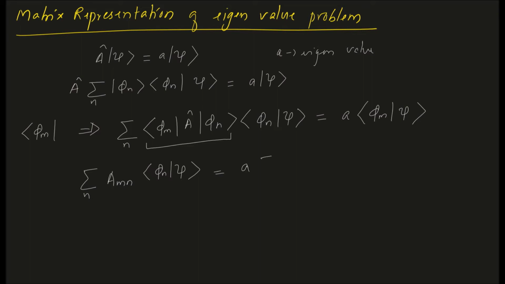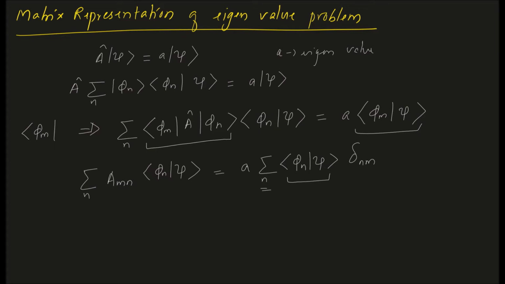So this can be written as summation over n, bra phi n psi, delta mn. Now this is the same as this expression, right? Because of this delta function, out of many of these kinds of terms, you will get only one non-vanishing term, and that is given by bra phi m psi. So this is the same as the above one.